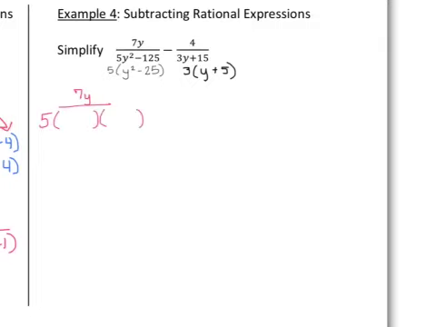What can we factor it into? 5 and 5. What will the signs be? Negative and positive. Good. And then the other one, we already factored it as much as we could, so we'll just write it down.